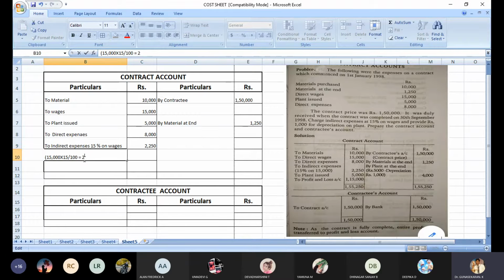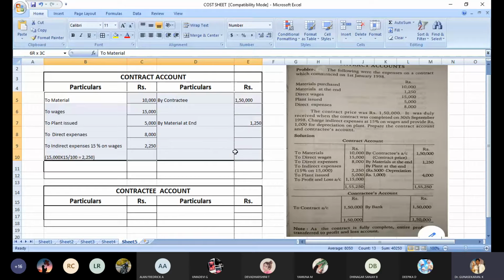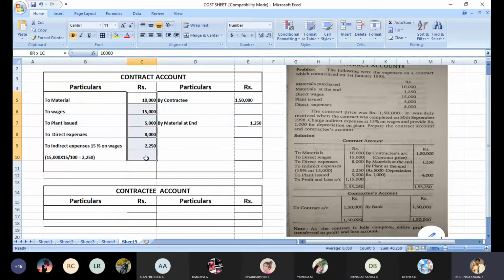Okay. So all the expenses are entered in the contract account. It is an increase also.